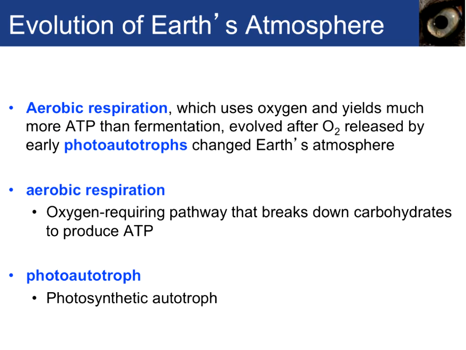And this evolved after oxygen was released by early photoautotrophs. And so remember that the oxygen is released during the process of photosynthesis, and that release of oxygen changed the Earth's atmosphere.